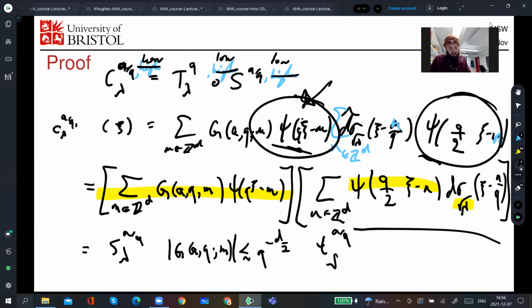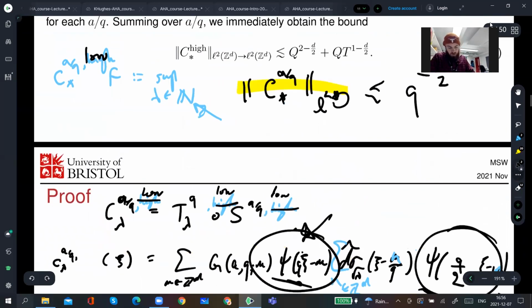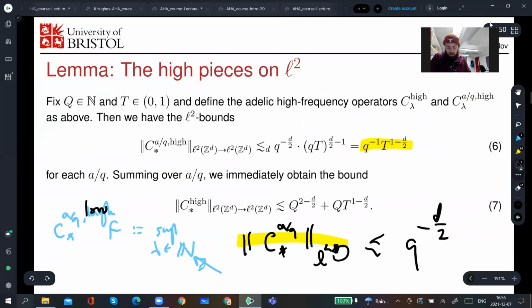However, when you look at the L2 norm for the S of A_Q, given by this, you do pick up the Gauss bound, the Q to the minus D over 2 coming from this having size at most Q to the minus D over 2. And so you just get the bound that I claimed right here.